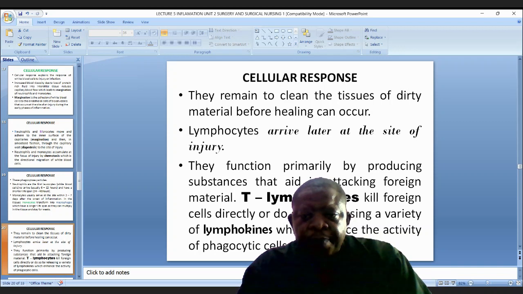Okay, so cellular response. The lymphocytes arrive later at the site of the injury. They function primarily by producing substances that aid in attacking foreign materials.